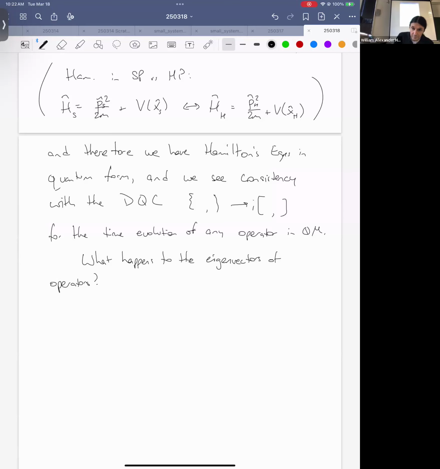So for operators, say O in the Schrödinger picture, with no explicit time dependence, the base kets do not evolve in time.